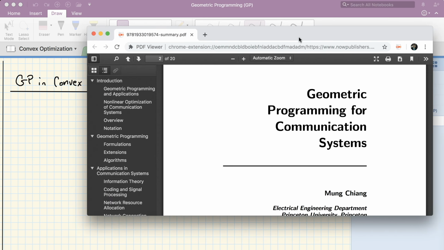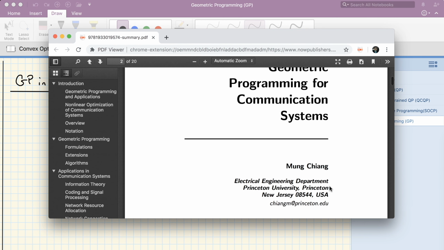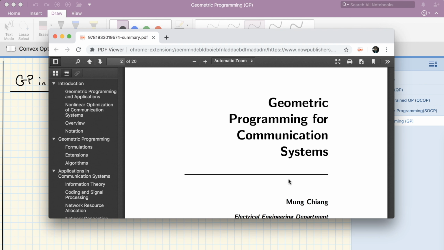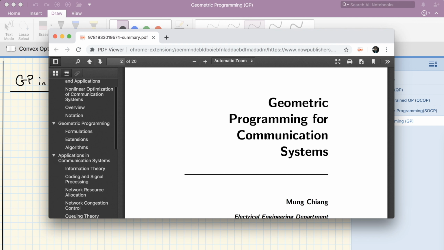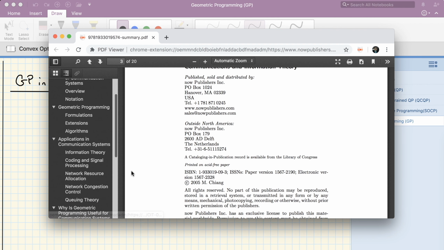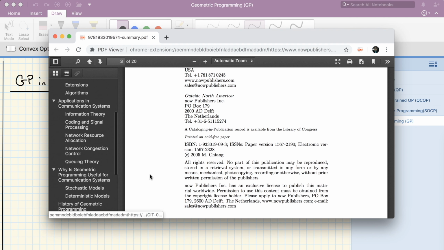Another very nice paper I found was by Mung Chiang, who works at Princeton. In this paper, or overview, I would say, it describes many applications of geometric programming to communication systems, that is, information theory, coding and signal processing, network resource allocation, network congestion control, and queuing theory.